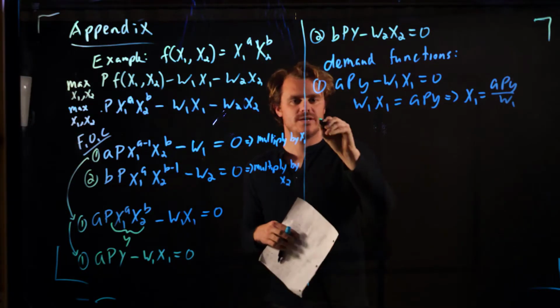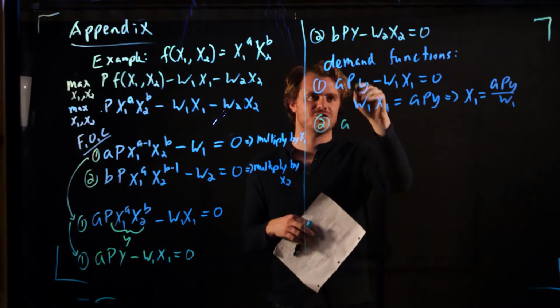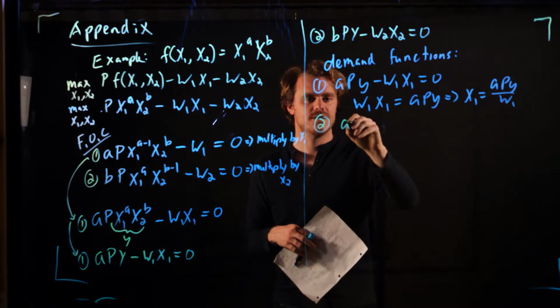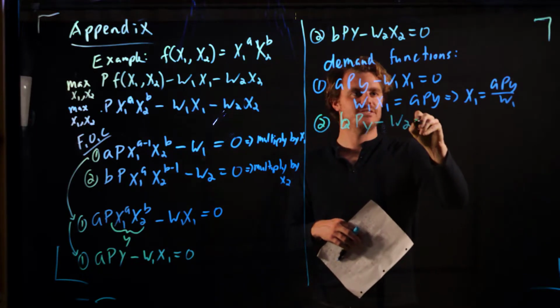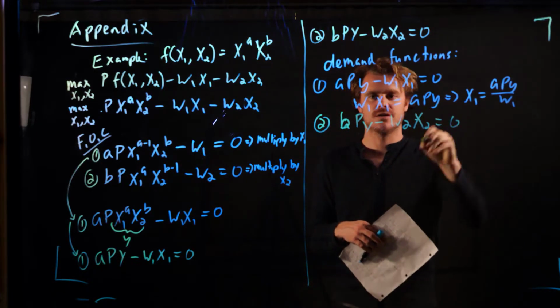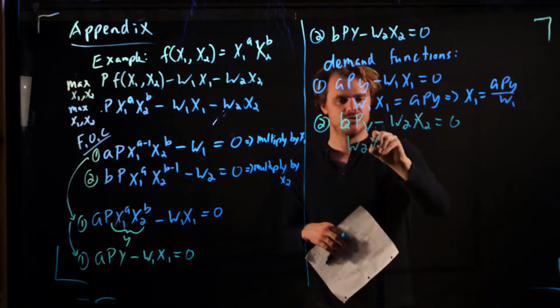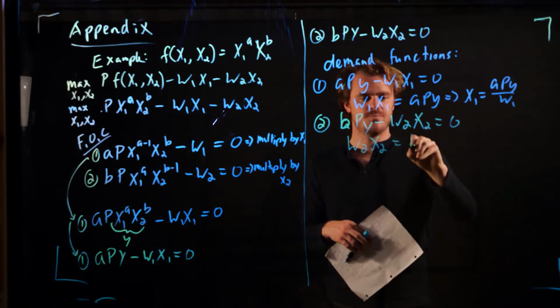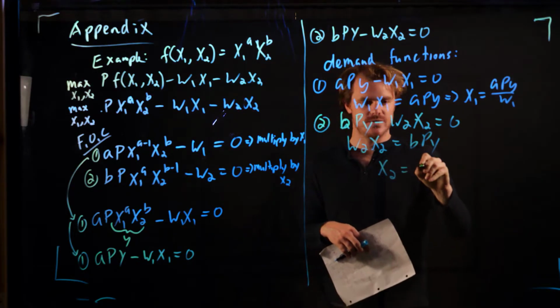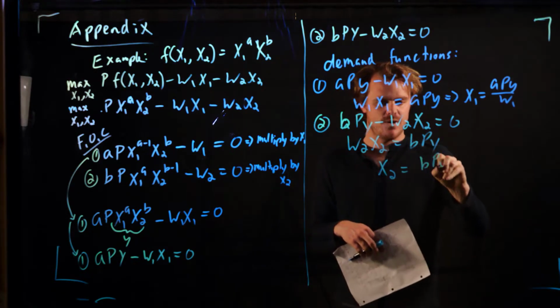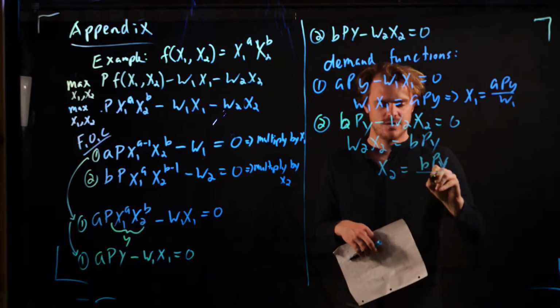For the second one, b p y minus w2 x2 equals 0, so w2 x2 equals b p y, or x2 equals b p y over w2.